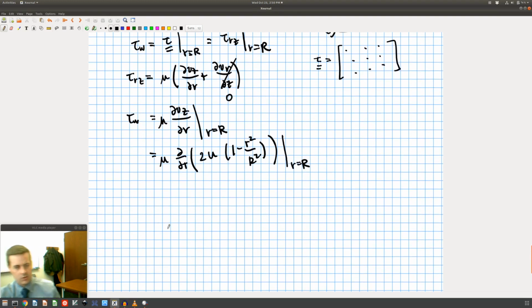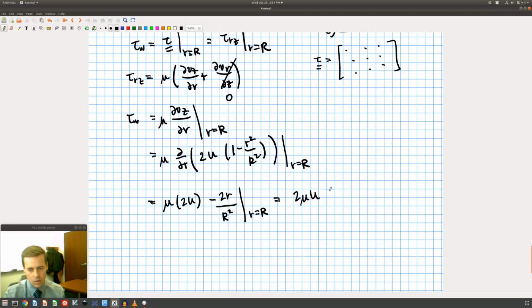So let's do that. I'm going to get mu, R derivative of this, so I can pull 2U out. The R derivative of the 1 is 0. I'm going to get a minus sign, 2R divided by big R squared, evaluated at R equals big R. So that's 2 mu U multiplied by negative 2 big R divided by big R squared.